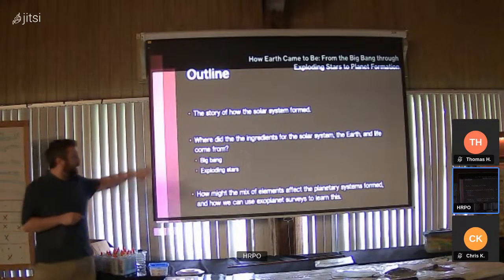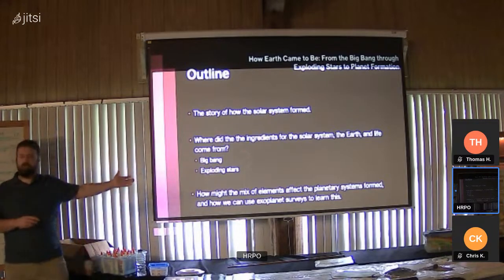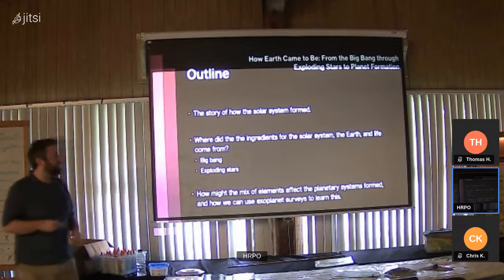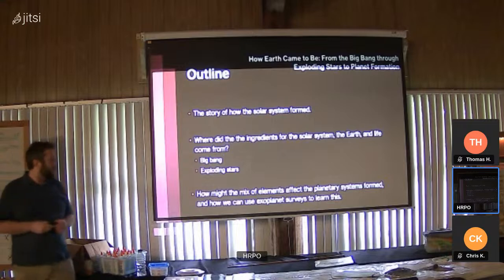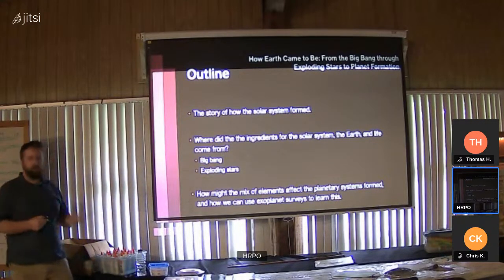And then we'll get into my research question, which is how does the mix of elements, so things like oxygen, iron, hydrogen, affect the planetary systems that you form? I'm doing that with large surveys using large telescopes, both on the ground and in the future in space.